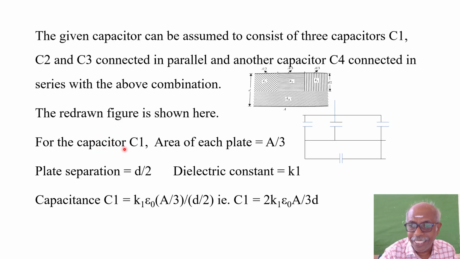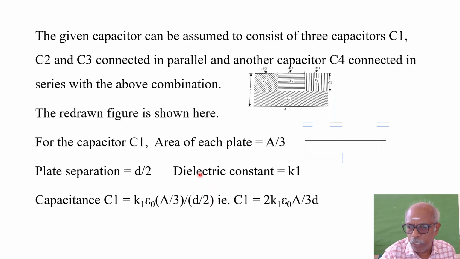So for the capacitor C1, the area of each plate is A by 3, and the plate separation is D by 2. The dielectric constant is K1. So the capacitance C1 is equal to K epsilon naught A divided by D. You substitute the values: K1 epsilon naught, instead of A you put A by 3, divided by, instead of D you put D by 2.